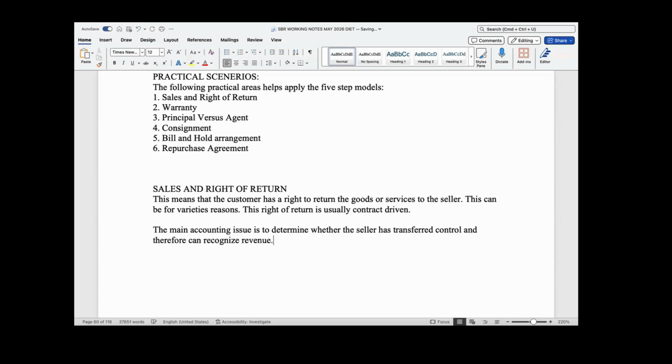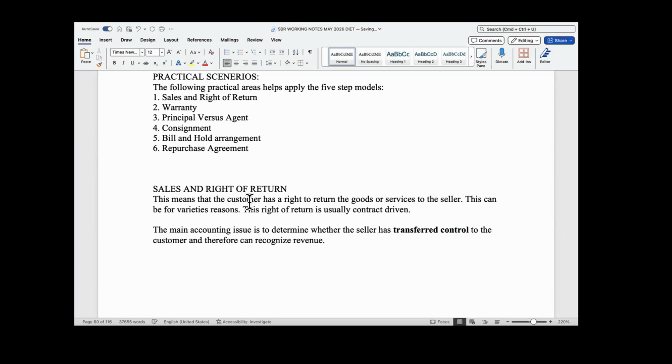That's the main thing here. Because since the customer can return, he has a right to return. Then the main accounting issue is whether the seller has transferred control of the goods or services to the customer, and therefore can you recognize revenue? Now, that is what we want to determine.